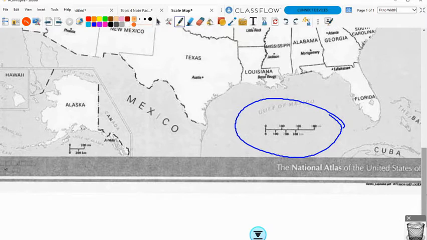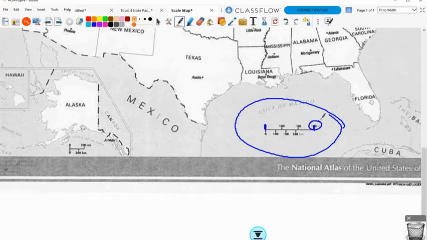I know it might be a little tough to read, but what we're working with here are centimeters and miles. And what I had to do was figure out what the distance was from this end to this end of the scale on there in centimeters. And whatever that length is, that corresponded to, that says 300 miles right there.